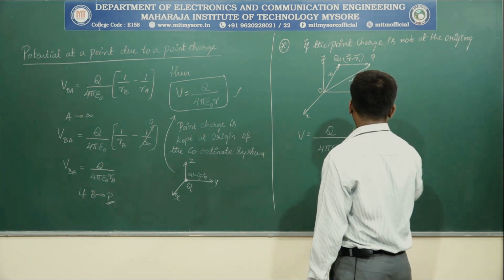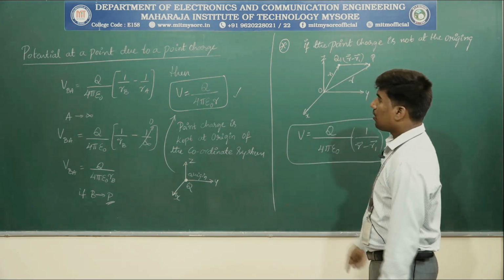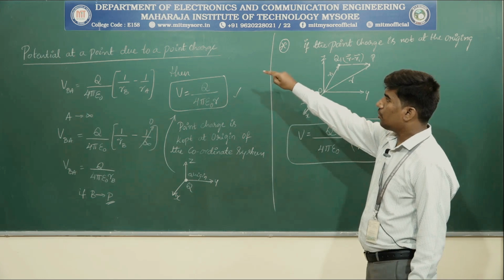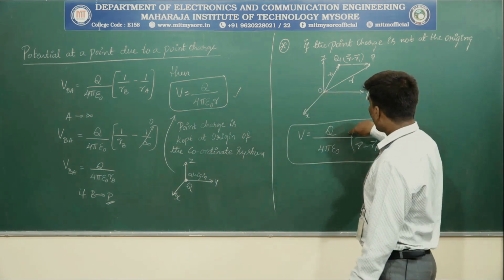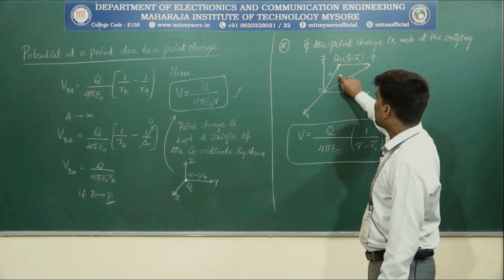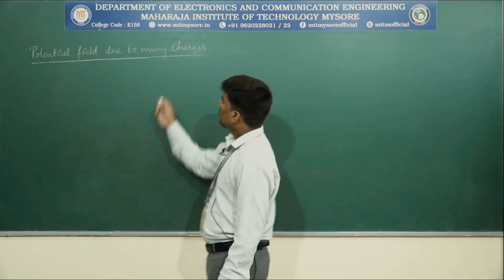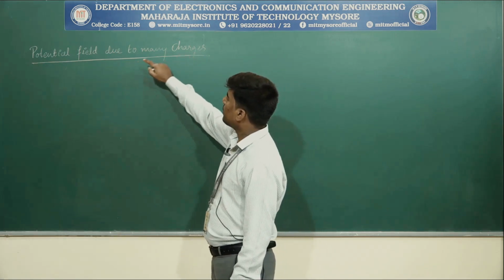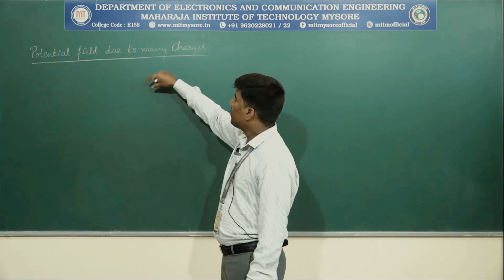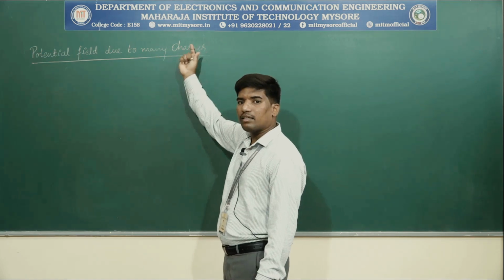This is the general equation for potential at a point due to a point charge which is kept somewhere else in the XYZ coordinate system other than the origin. Got it? We have seen the equation for potential field due to a point charge, when the point charge is kept at the origin and other than the origin.